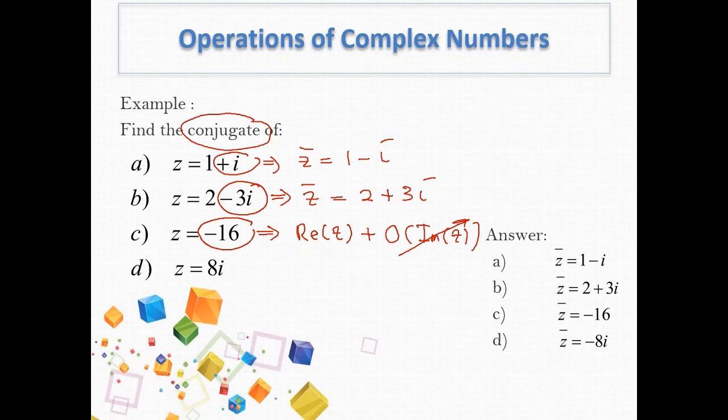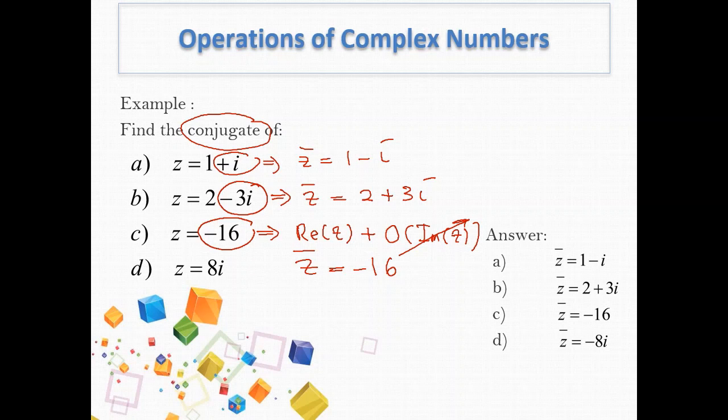So the conjugate of C is minus 16, because it won't change anything when we don't have the imaginary part.